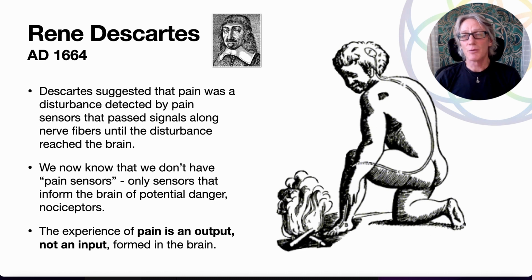And there's also examples of phantom limb pain, where people have pain and they don't even have a limb. Or people can have no obvious gross tissue damage and have a tremendous amount of pain, like people that are diagnosed with fibromyalgia. So basically, the experience of pain is an output of the central nervous system, not an input.